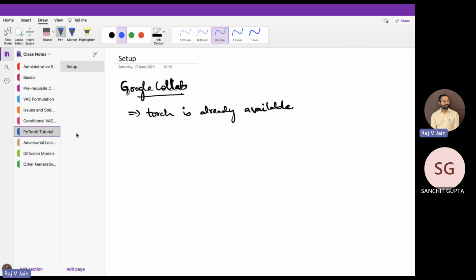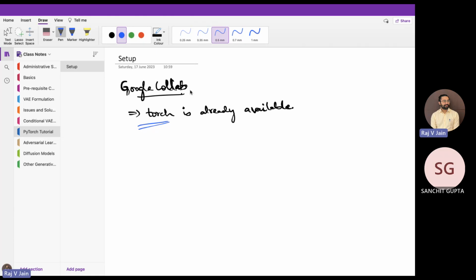PyTorch: we'll do a tutorial in the next class, on Colab itself, so that we don't have any installation issues. You can join from there. Torch is already present on Colab, you don't need to install any extra library.